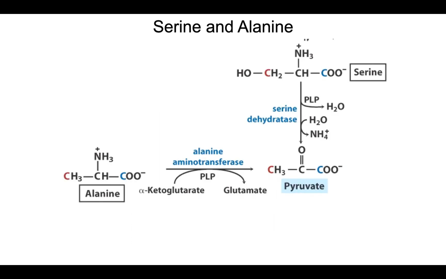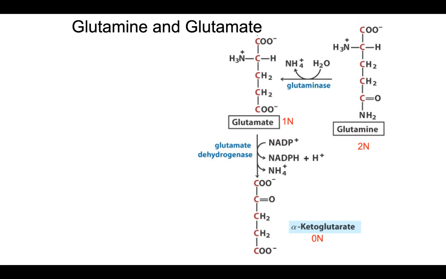Look how easy it is to turn an amino acid into a familiar intermediate. We have serine, one reaction becomes pyruvate. Alanine, we've already seen this. One reaction becomes pyruvate. Glutamine, one reaction brings it to glutamate.